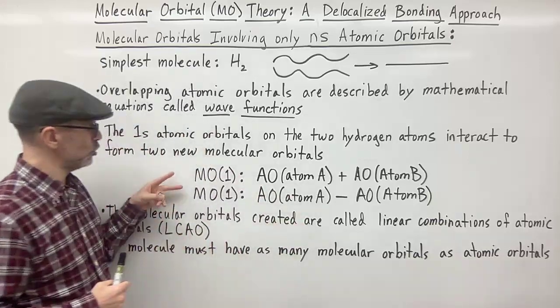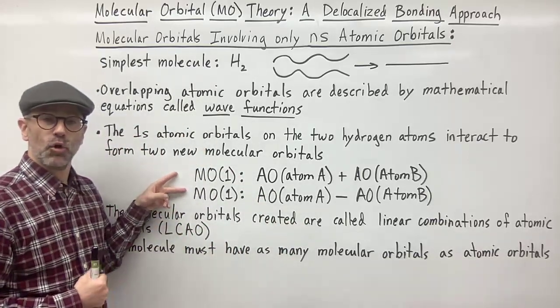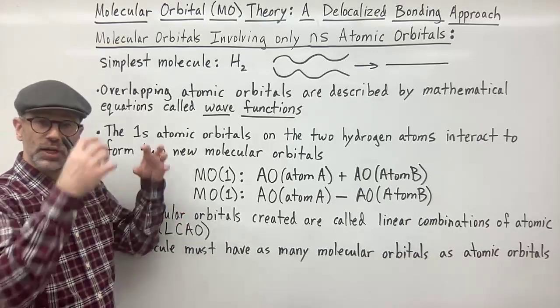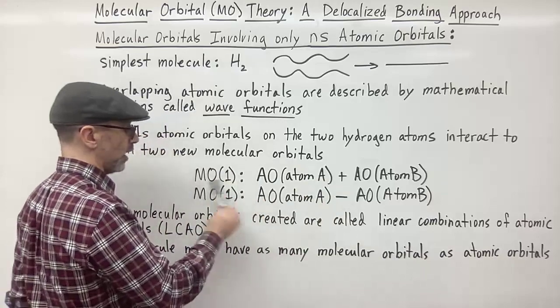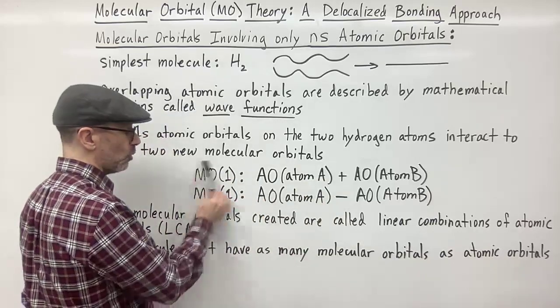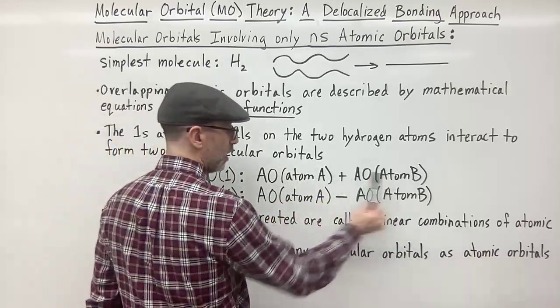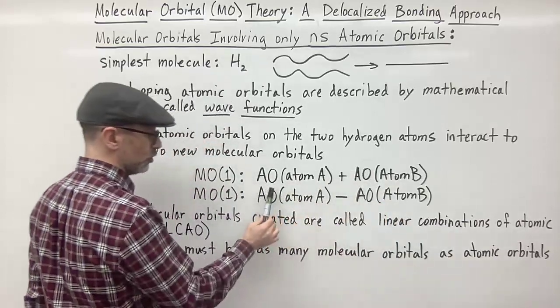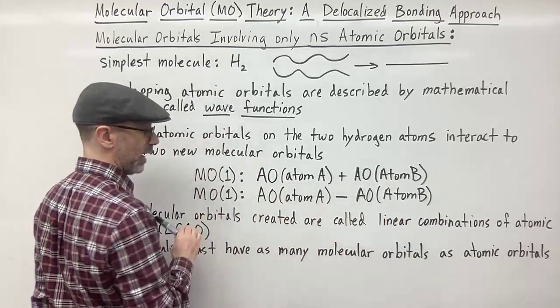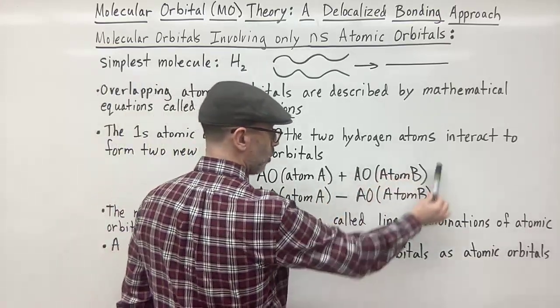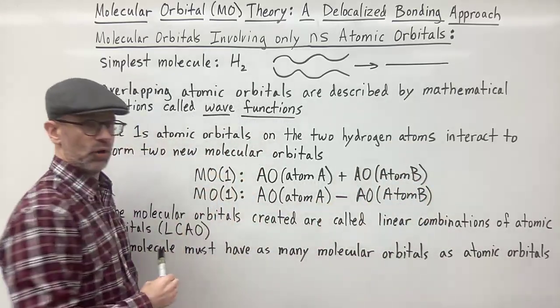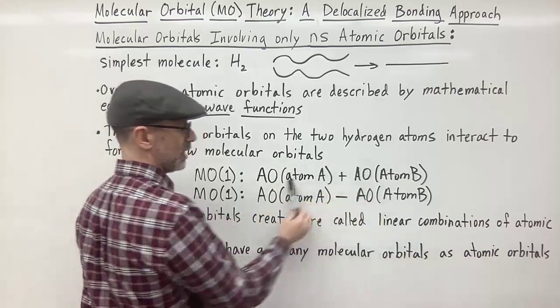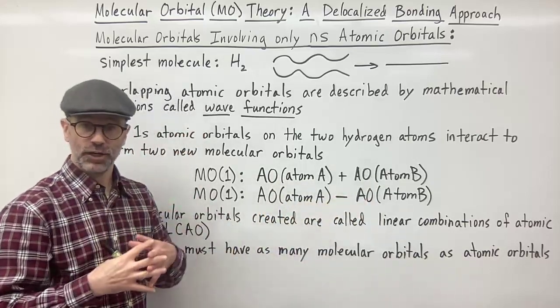So you can get two different molecular orbitals from those interactions, right? If you add the atomic orbital from atom A and the atomic orbital from atom B together, you get one molecular orbital. This would be like the constructive interference.